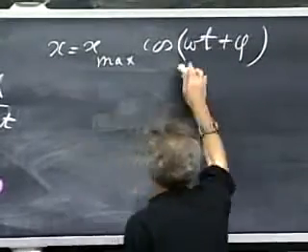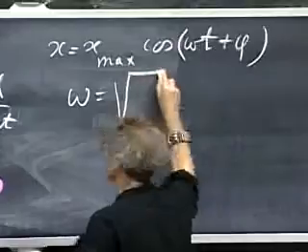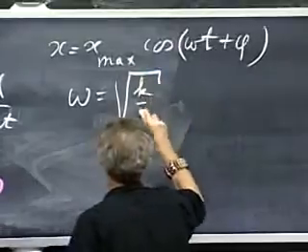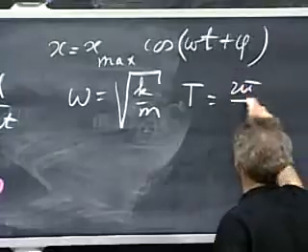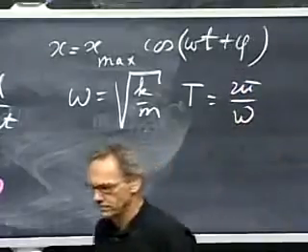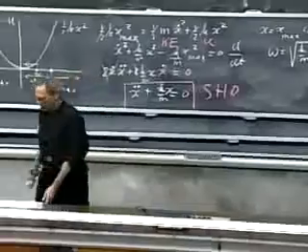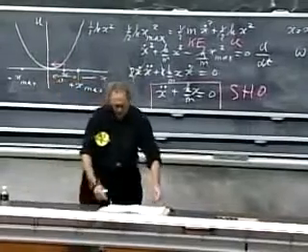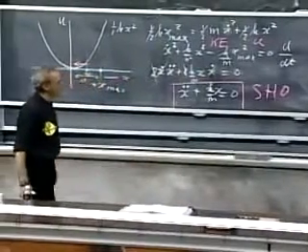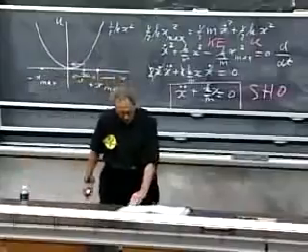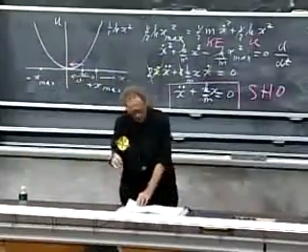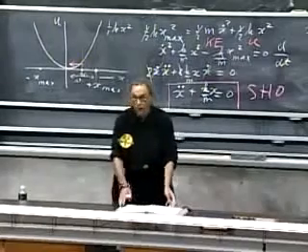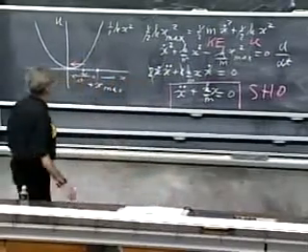This is the amplitude, and omega equals the square root of k over m, and the period for one oscillation equals 2 pi divided by omega. We were able to do this. We were able to apply the conservation of mechanical energy because spring forces are conservative forces. So you've seen in a completely different way how you arrive at the same result.